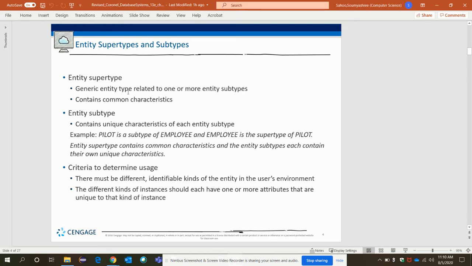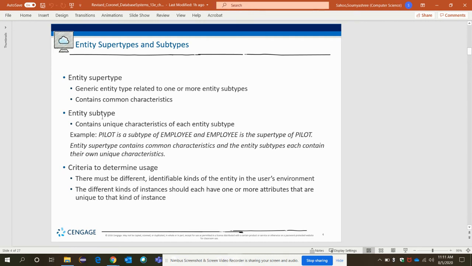An entity supertype is a generic entity type that is related to one or more entity subtypes, where the supertype contains the common characteristics and the subtypes contain the unique characteristics of each subtype. The reason for using supertypes is to minimize the number of nulls and invalid values, and to minimize the likelihood of redundant or duplicate relationships. We just want to remove or reduce the duplications.